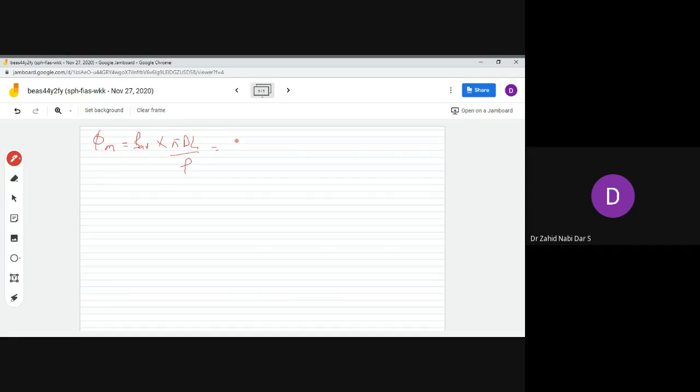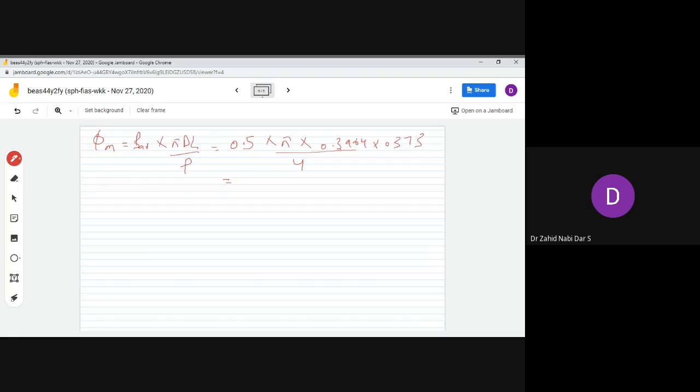The Bav value is given as 0.45, the p value is 4, and the d value we just calculated is 0.3964, and the l value is 0.373. So once you have calculated this value, you will get the maximum flux value, the phi m value.